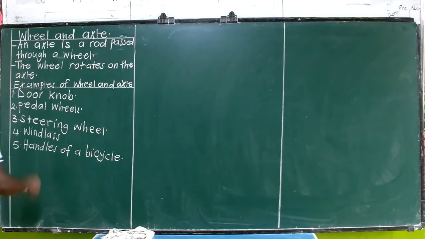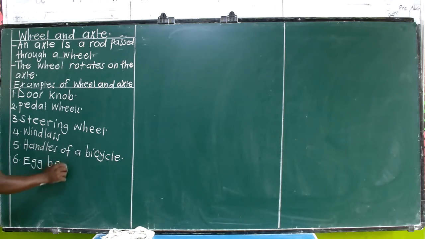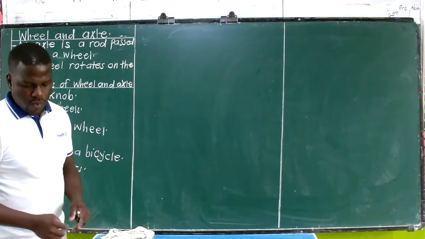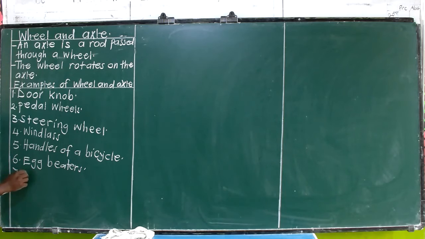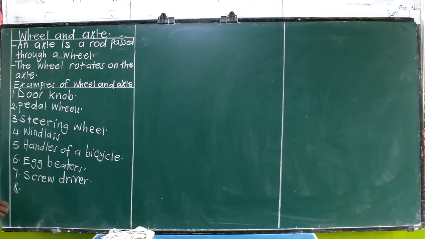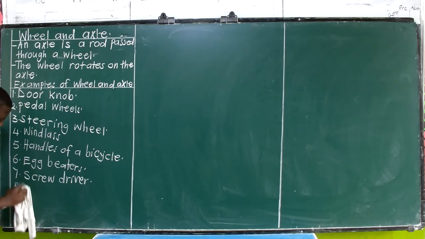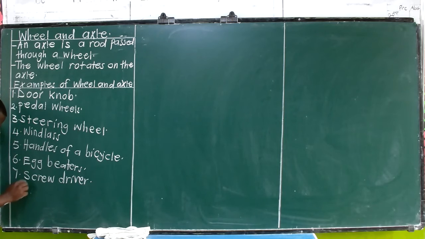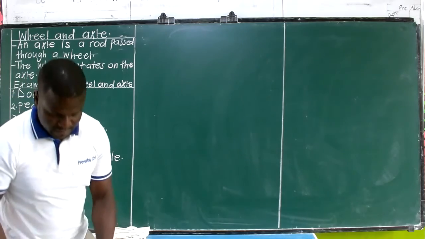Then we have egg beaters. Number seven, we have screwdriver. Number eight, we have a brace.